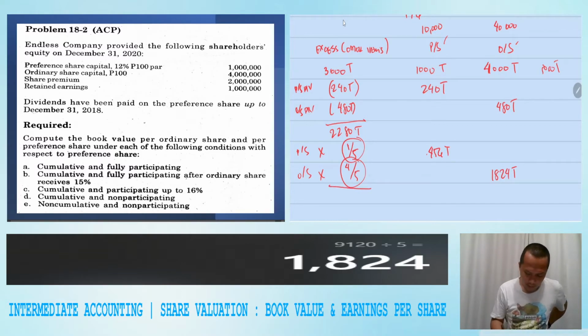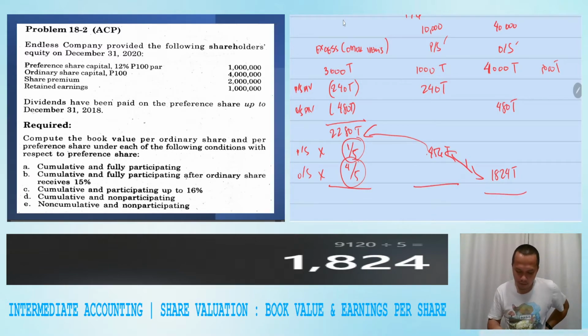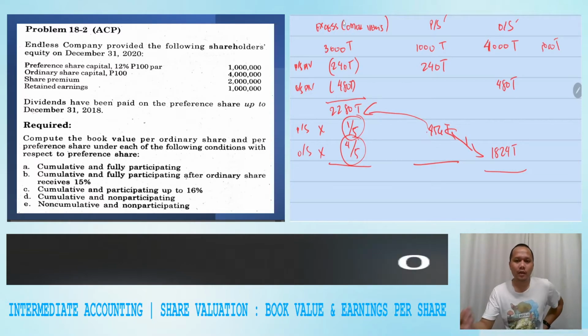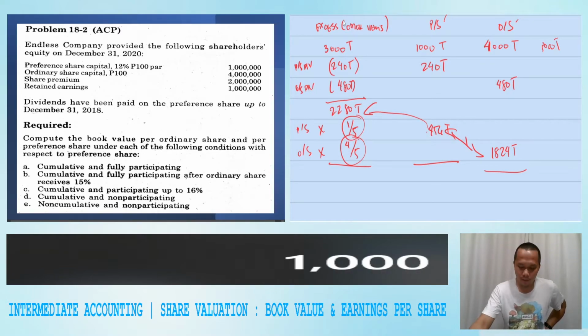So, obviously, pag i-total mo yan siya, that is equal to 2,280,000. Ngayon, yung total stockholders equity pertaining to your preference share, we have 1 million, the par, the dividends, including the in arrears, and the participation.